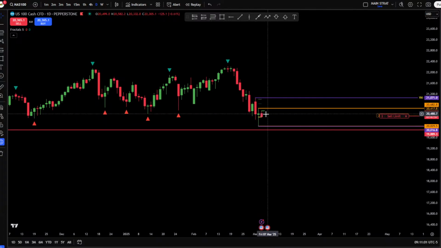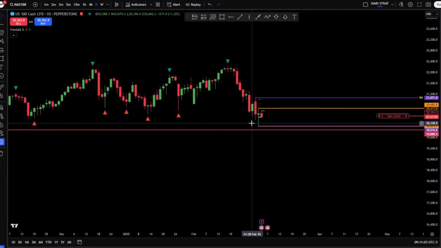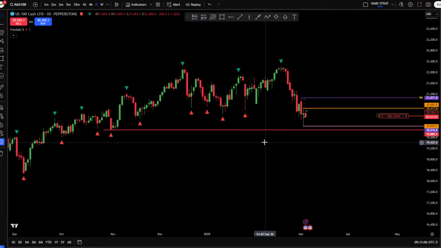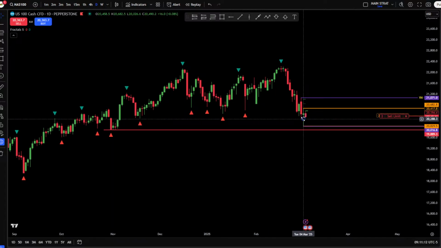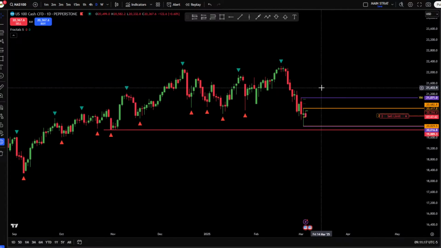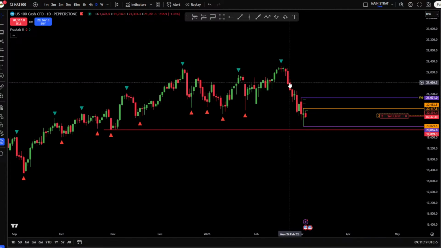This is a good area to take a swing position, I think. We filled in that gap right here, and we had it wick out of it. Yeah, this is a good long position. I think we'll be bullish for the rest of the week at least, up into here.